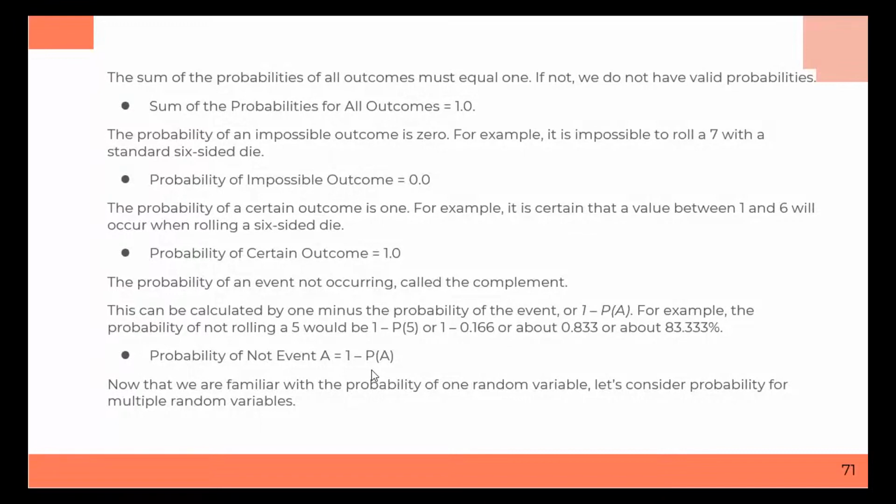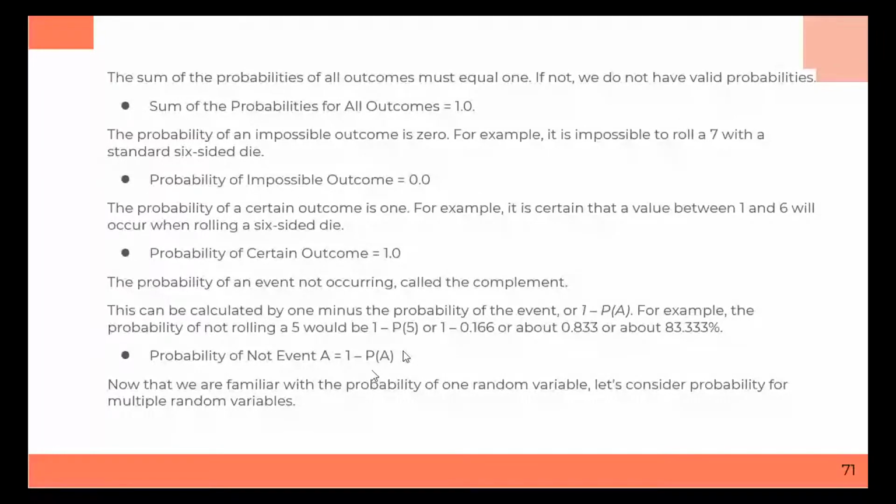So we have to take the probabilities of 1, 2, 3, 4, and 6, and each one is 0.16. So 1 minus 1 divided by 6 gives the same answer, but as we are saying here, we are subtracting it from the total probability, making it 1 minus the probability of something.